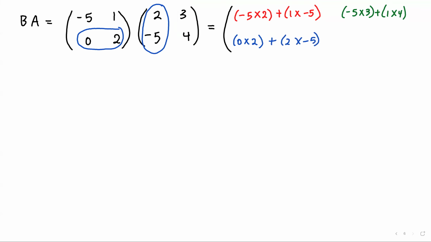And then the last one, which is row 2, column 2, this is row 2 and this is column 2. So it will be 0 times 3 plus 2 times 4.